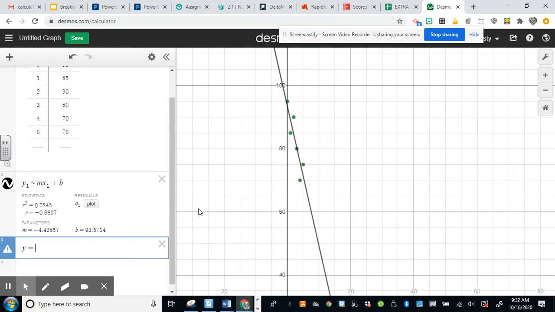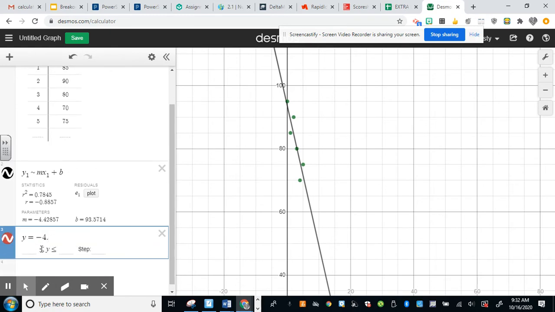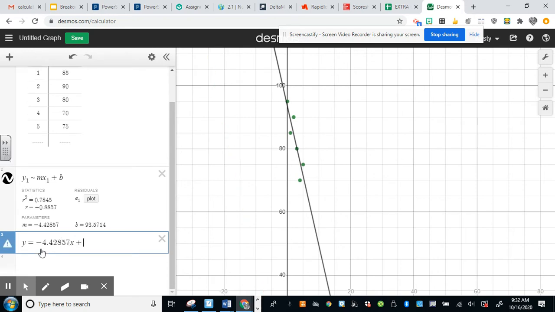Now I'm going to use your m and b right here and right here. So, negative 4.42857 x plus the b, 93.5714. That is my equation.